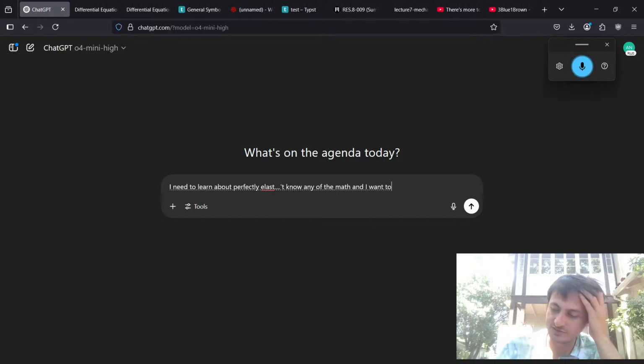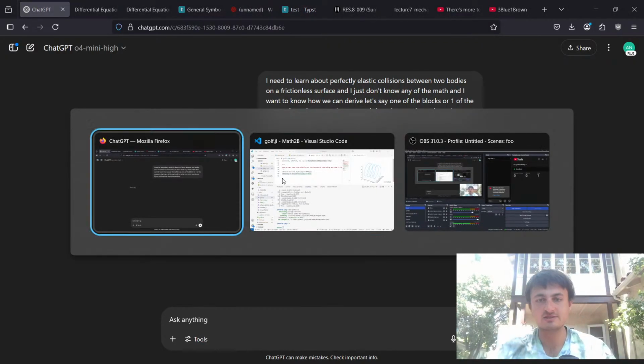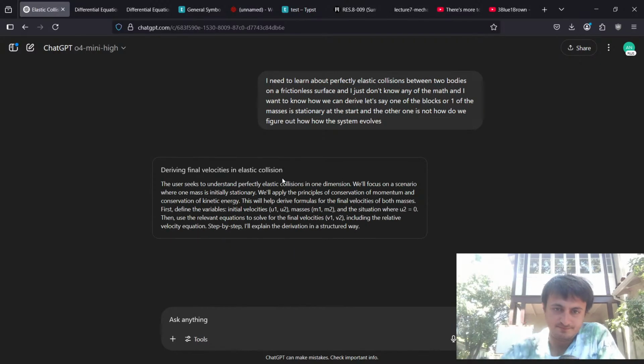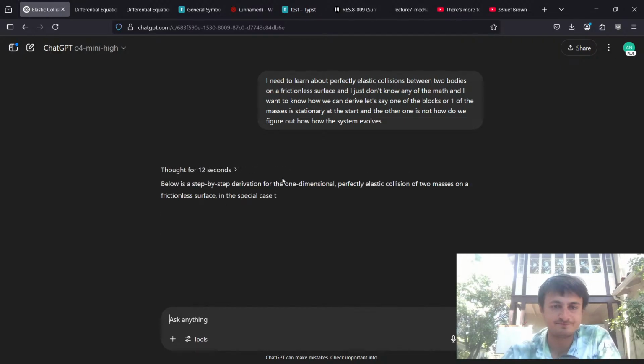And I want to know how we can derive, let's say one of the blocks or one of the masses is stationary at the start and the other one is not. How do we figure out how the system evolves? See, if you ask it like plain context, it's going to be way better. It's not going to like start throwing me code and like a whole bunch of stuff that I don't even know about.